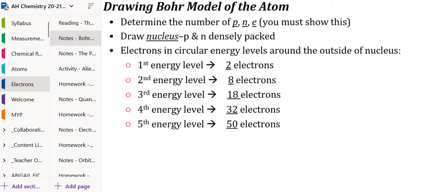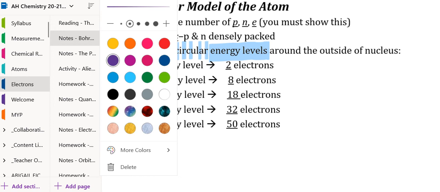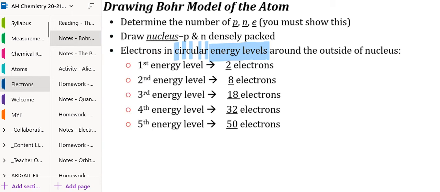Electrons exist in energy levels, right? And what did he say about those energy levels? He said they're circular. They're the circular paths that electrons travel. So when we draw Bohr models, we draw circles to represent each energy level.